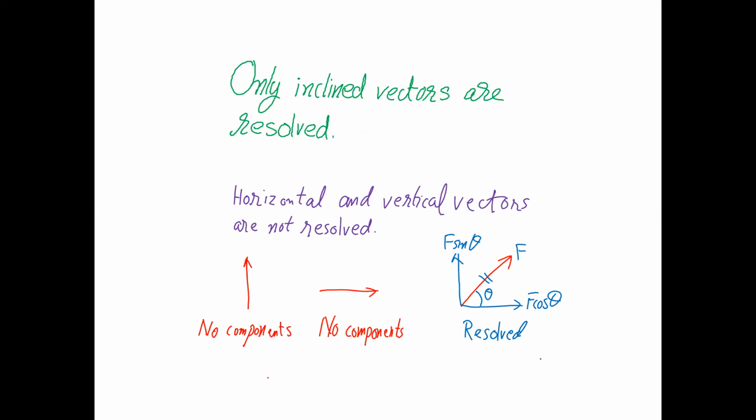Now, only inclined vectors are resolved. Horizontal and vertical vectors need not be resolved. If a vector is horizontal, if a vector is vertical, you do not need to resolve it. You have to copy this screen now. Do you remember the ASTC, the CAST diagram?